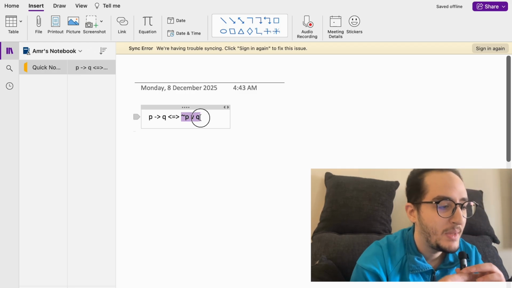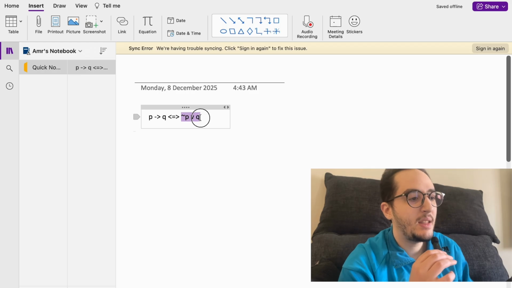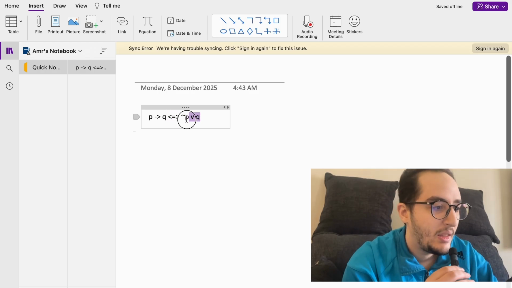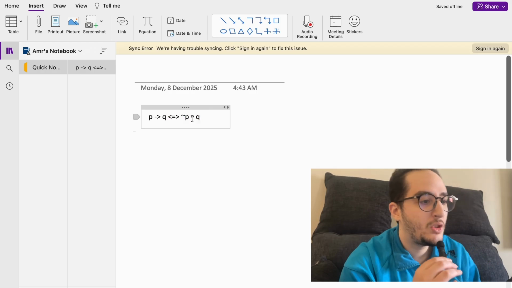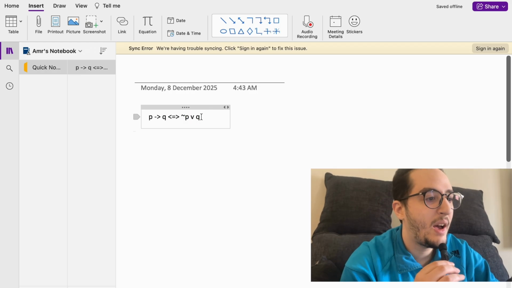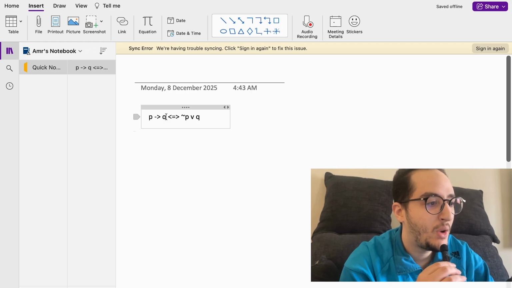What does equivalent mean? Equivalent means that if you have one of these two statements, P implies Q or not P or Q, you can substitute one with the other. So if you have the right part of this statement, you can substitute it with the other, and if you have this one, you can substitute it with the other.